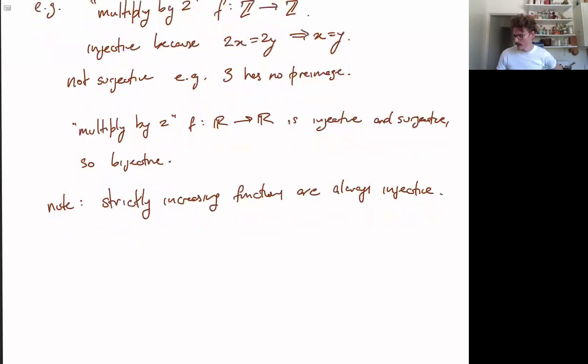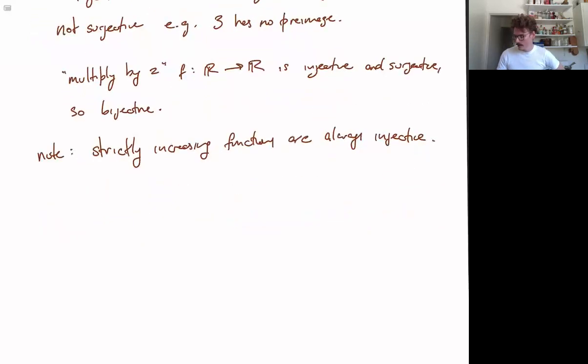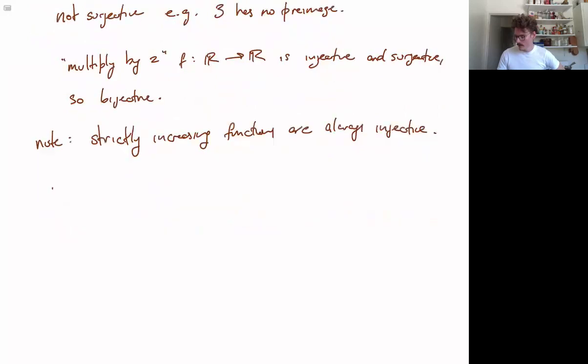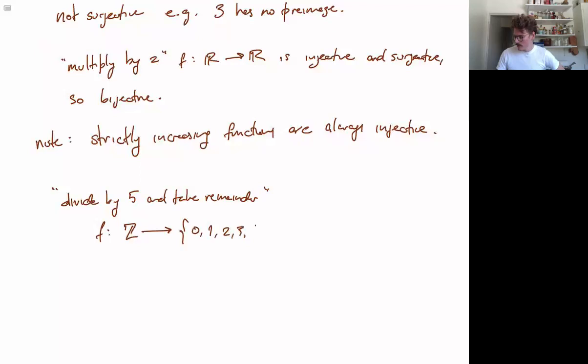Here is another example. Let's say divide by 5 and take the remainder. This gives a map from the integers to the set 0 to 4, because if you divide by 5, these are the possible remainders.